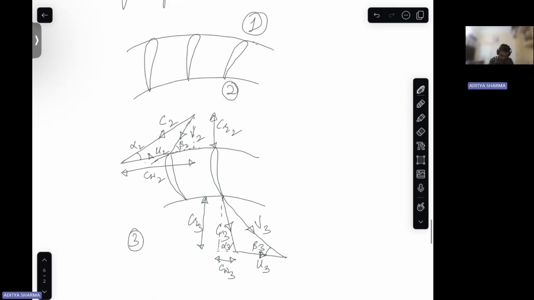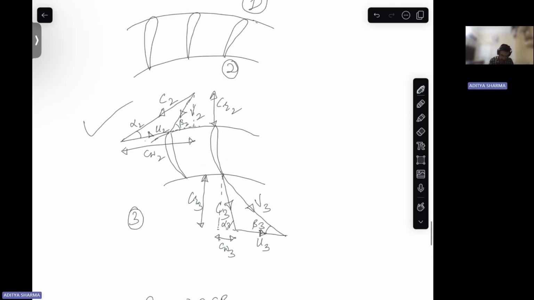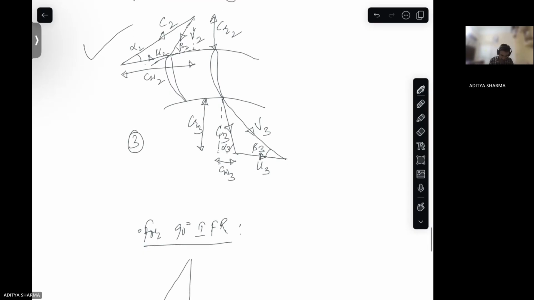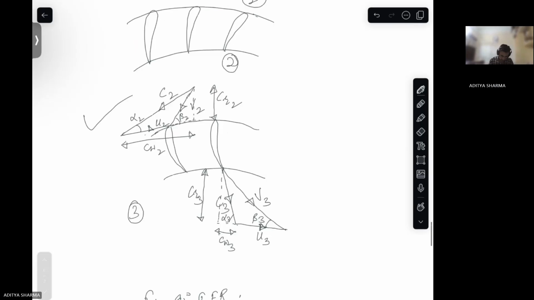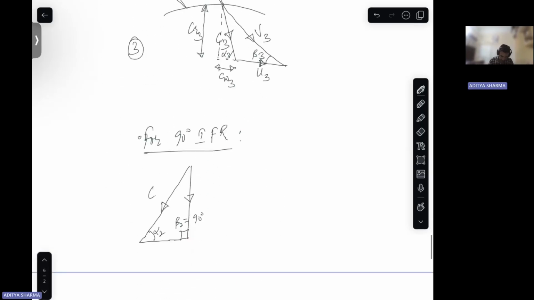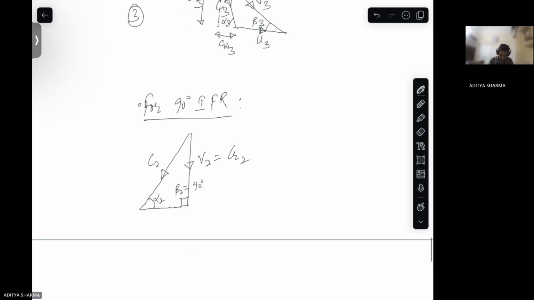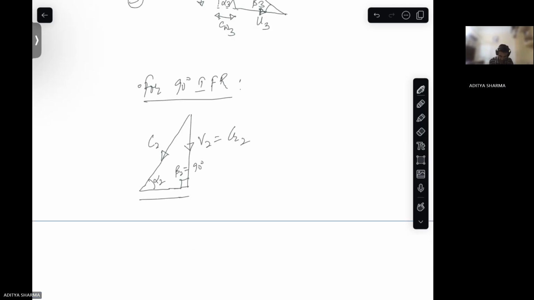Okay. So inlet is this basically. This is alpha 2. This is beta 2 equals 90 degrees. This is C2, V2 equals CR2. This is U2 equals CW2 at inlet.